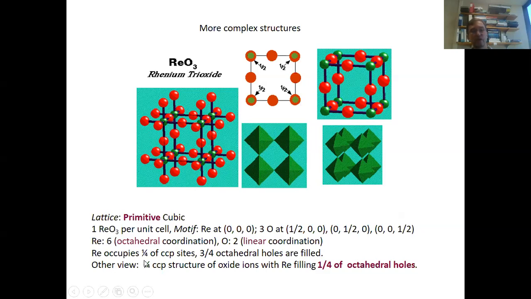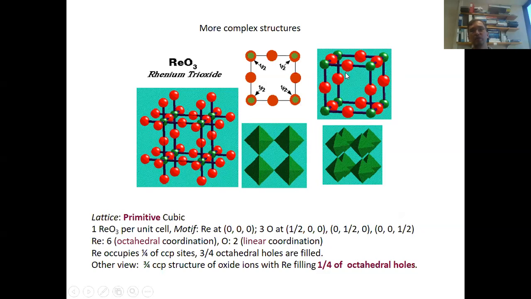We can also say that 3/4 of the CCP structure is filled with oxide ions, and then the rhenium ions fill 1/4 of the octahedral holes. So we can swap the positions of spheres and octahedral holes and arrive at the identical structure because octahedral holes and spheres are commutative. So you see that this gives a pretty open structure.